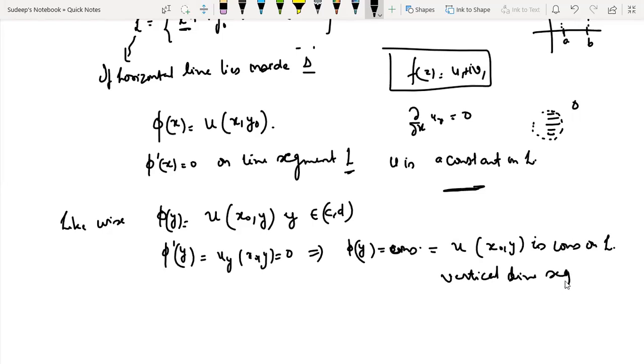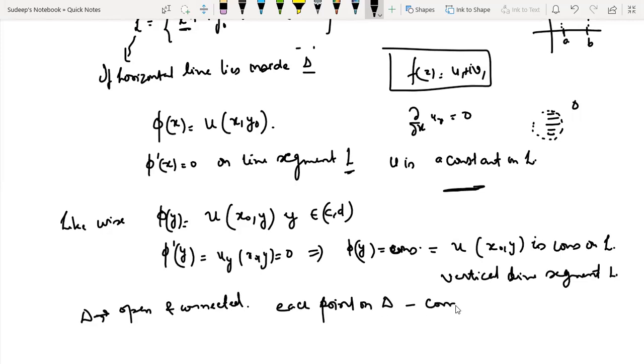Now remember that D is an open and connected set, right? And each point on D can be connected by polygonal lines.